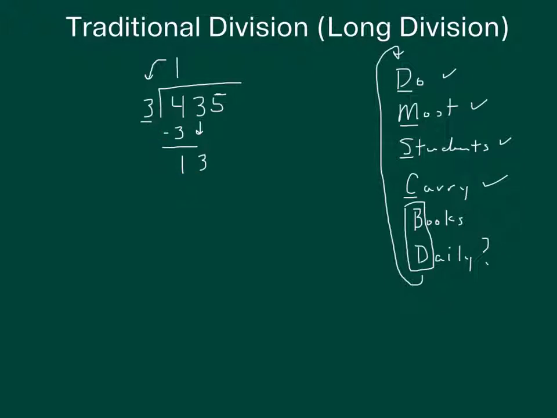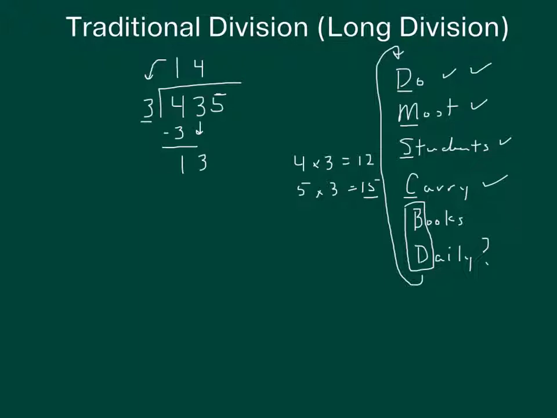Well, I could think 4 times 3 equals 12, or I could think 5 times 3 equals 15. 15 is bigger than 13, so that's too big, so I'm going to go with 12. So 13 divided by 3 would give me 4 groups.